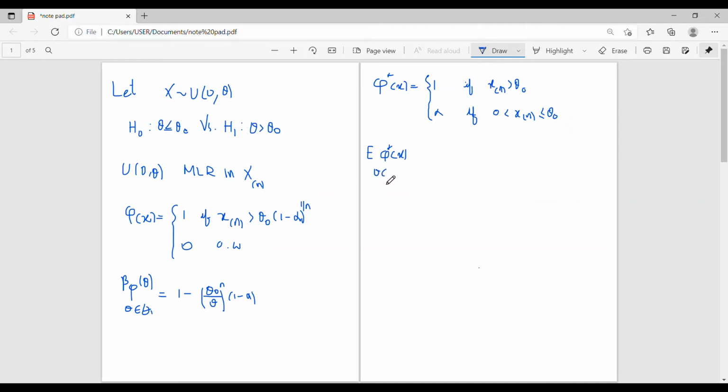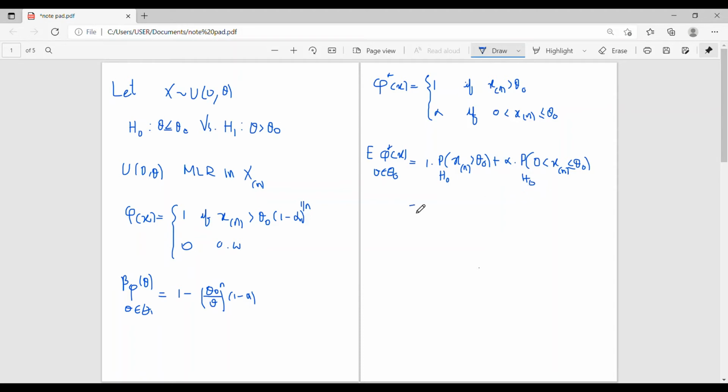It is equal to 1 into the probability that Xn is greater than theta naught, under H naught, plus alpha into the probability that 0 is less than Xn less than or equal to theta naught under H naught.